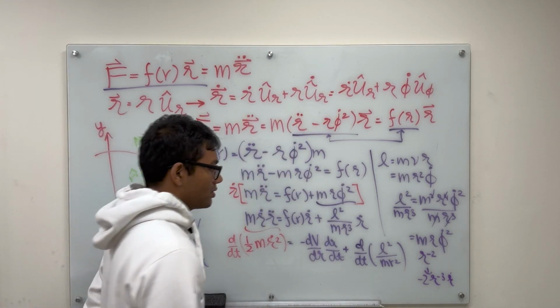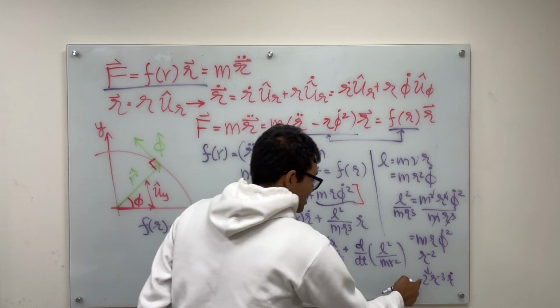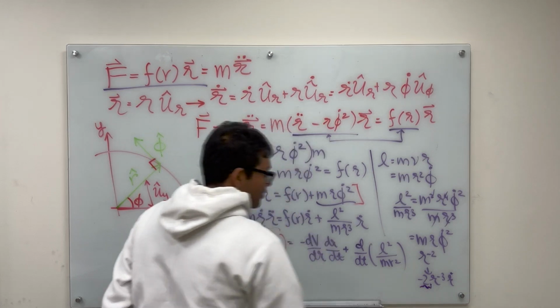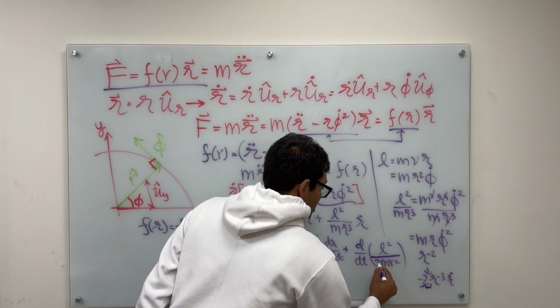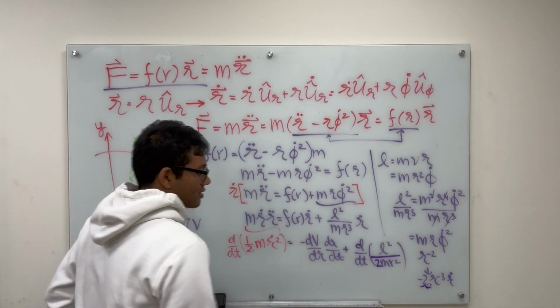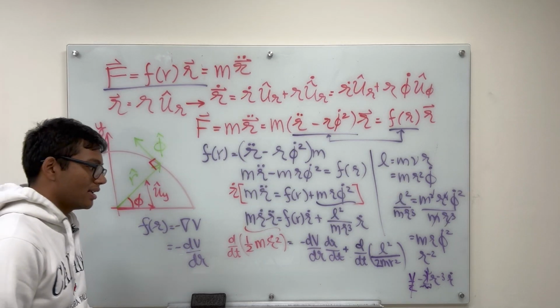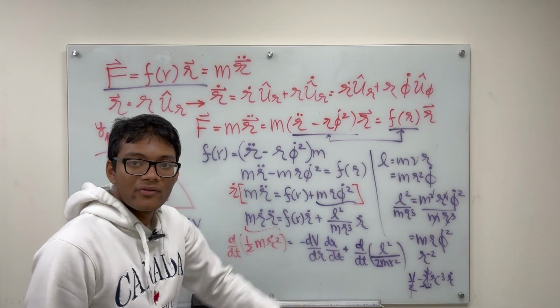So I certainly get my r dot and my r cubed as desired, but I've got this unwanted factor of 2. So maybe I need L squared over 2 m r squared. That 1/2 is going to cancel out the 2 and give me what I really want. So I've got it in the right time derivative format.